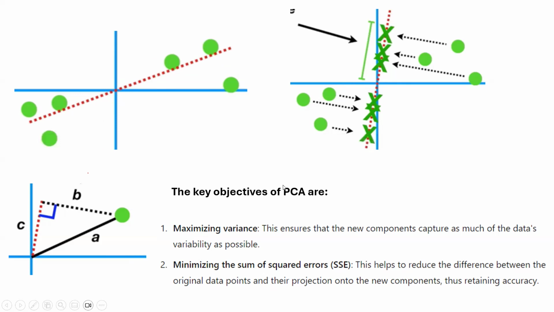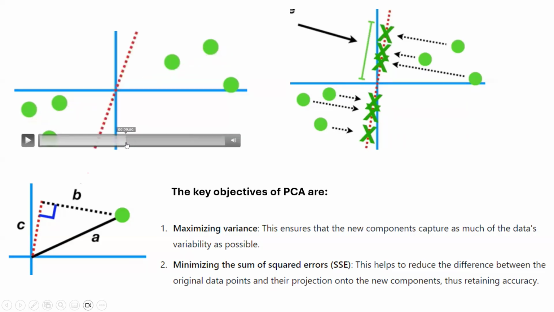Do you all agree with that? This is the best line representing the data, not the other lines we have seen. These are different lines that we have seen, but we were able to convince ourselves that this is the line which best represents the data.